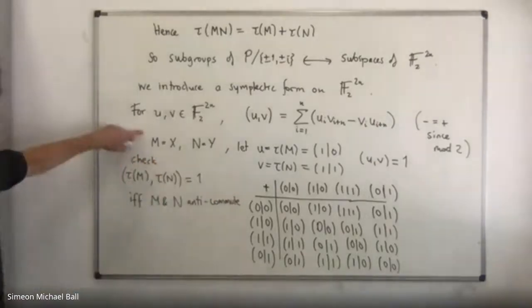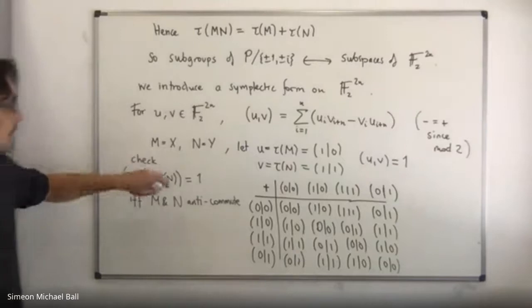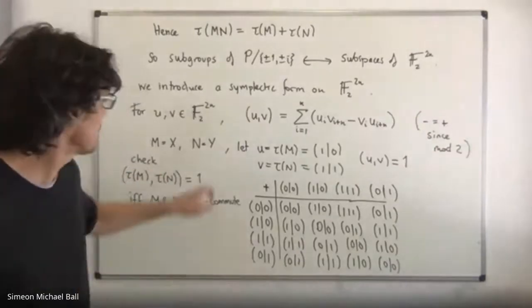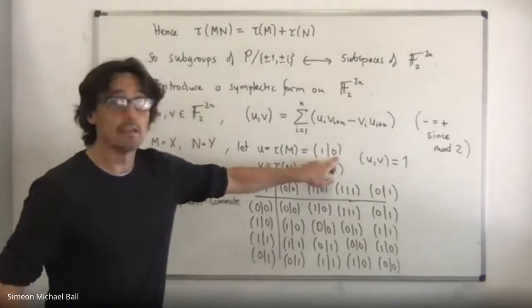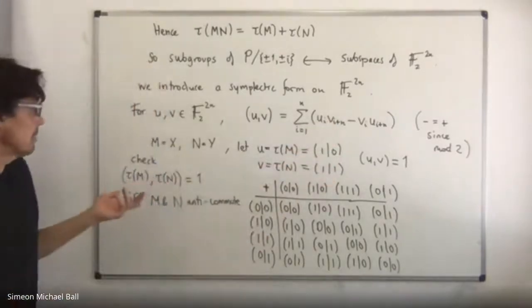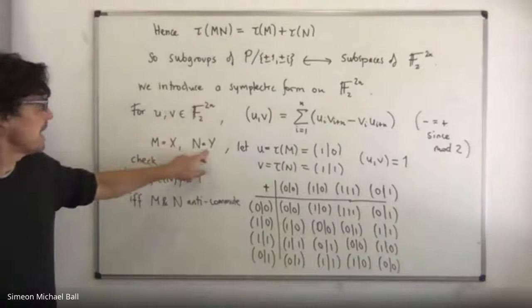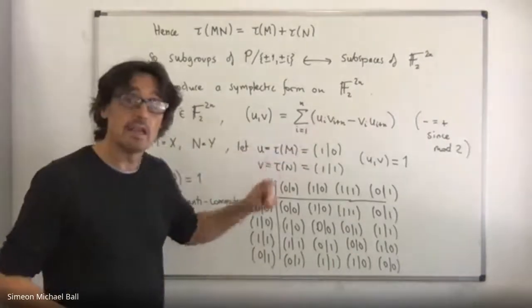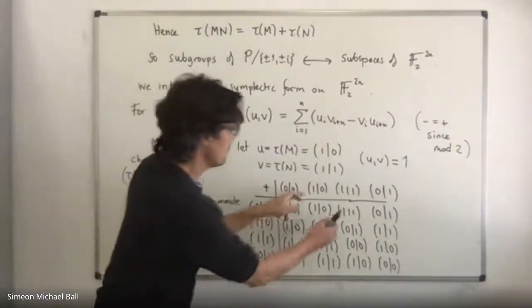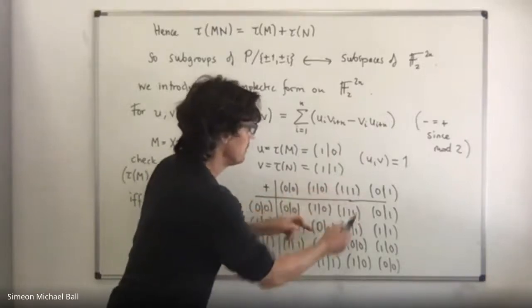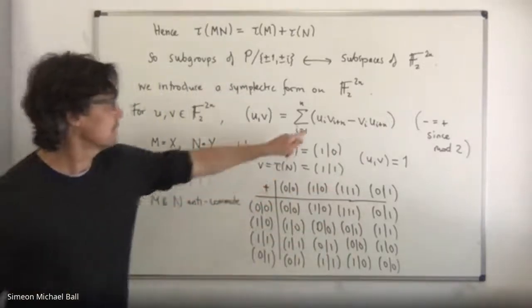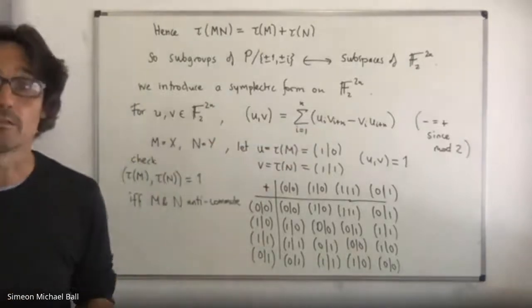I'll give you an example here of an x and y, but you can see straight away that if I, for instance, take one piece to give you identity, I would have a 0, 0. So this would be a 0, so obviously they commute. If they're the same, then it's symplectic. And if they're different, you only have to check them, and you see these different ones here will always give you 1 when you calculate this symplectic form.